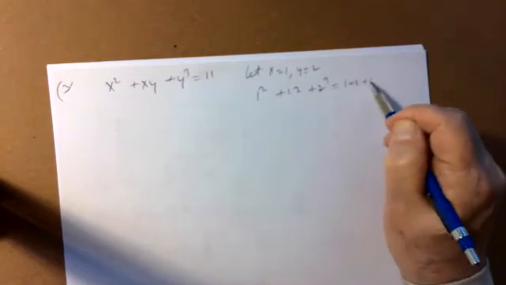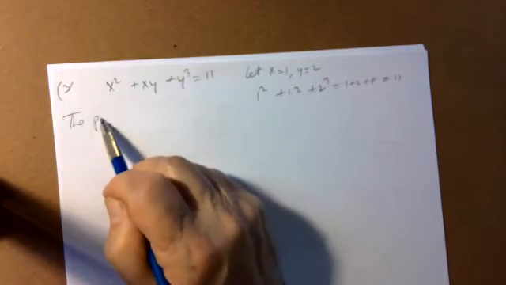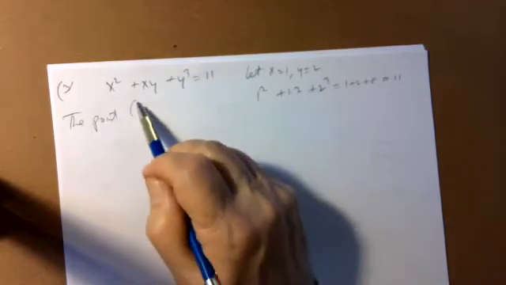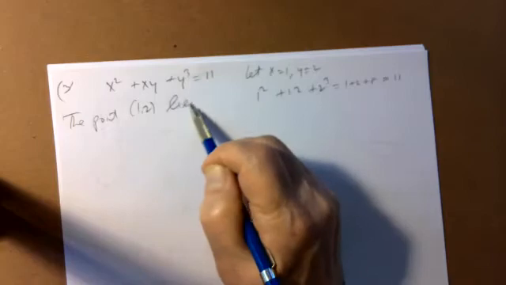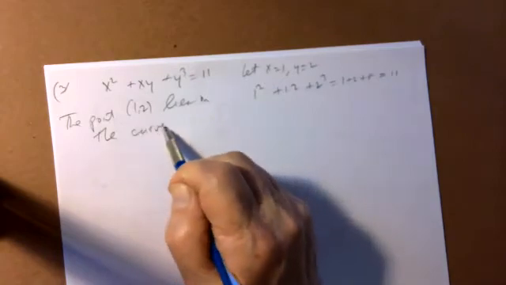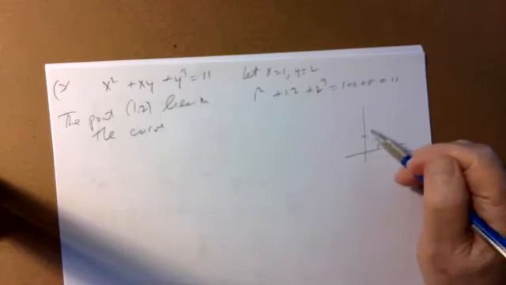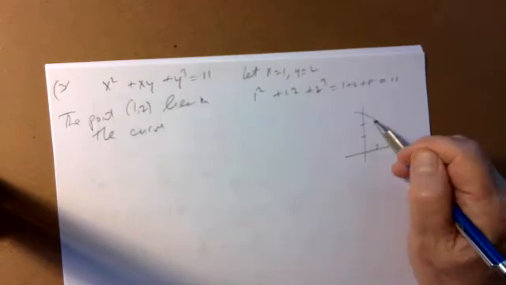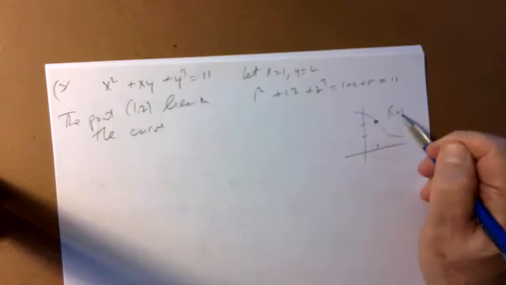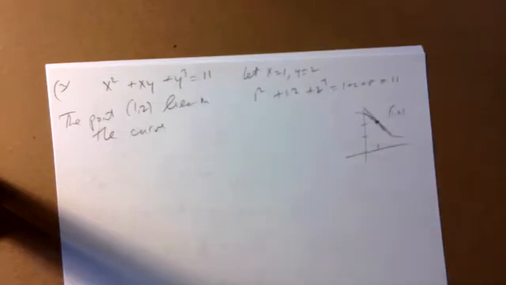That's 1 plus 2 plus 8, that's 11. So the point (1, 2) satisfies this equation. So it lies on the curve. So somewhere on the curve is this point (1, 2). And there's going to be a tangent line to the curve. And we want to find the equation of the tangent line.